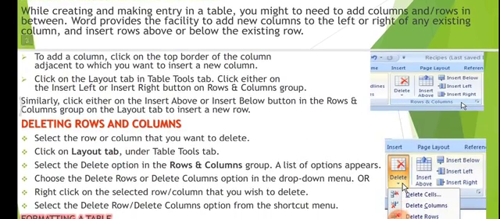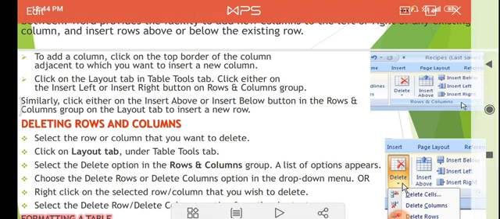To add a column, click on the top border of the column adjacent to which you want to insert a new column. Click on the Layout tab in the Table Tools tab. Click either on the Insert Left or Insert Right button in the Rows and Columns group. As you can see in the picture, there is a group named Rows and Columns.